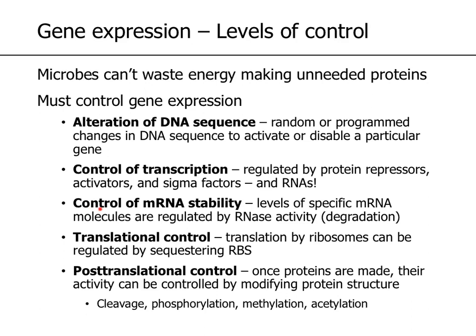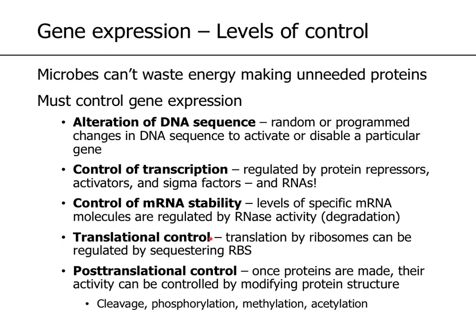So the other ways to control gene expression include mRNA stability, right? So if you imagine that your transcript's getting made, if it degrades really fast, then there's very little time for the ribosome to translate it into a protein. There are different ways, and it usually has to do with RNA structure and whether or not it gets degraded. But there are ways that the cell can make sure that the transcript stays around a little bit longer.